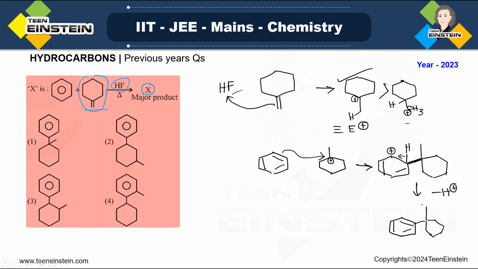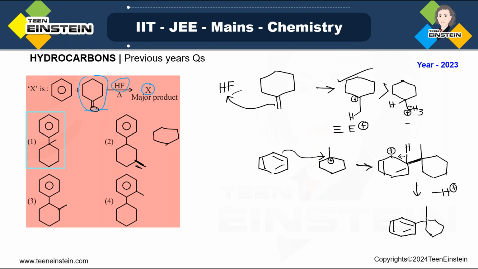Now, if option 1 is correct, fine. But why are the other options not correct? See, the second structure is not possible, because it is as if an addition. If you consider this molecule, the addition with respect to this hydrogen is at the 3 position, but that is not possible.